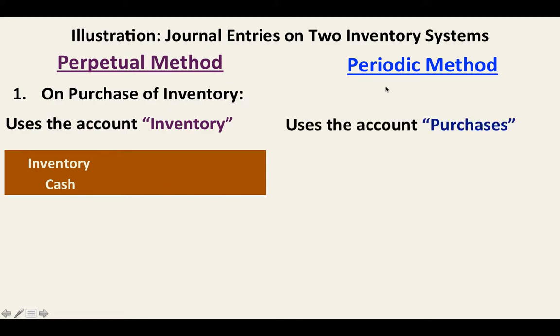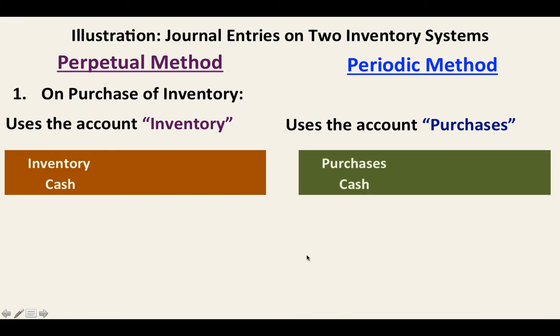And on periodic method, it uses the account purchases. So basta bumili ng mga items na ibebenta, the entry is debit purchases, credit cash or accounts payable. So yan yung difference. Basta perpetual method, debit inventory. Basta periodic method, debit purchases on the purchase of the inventory.